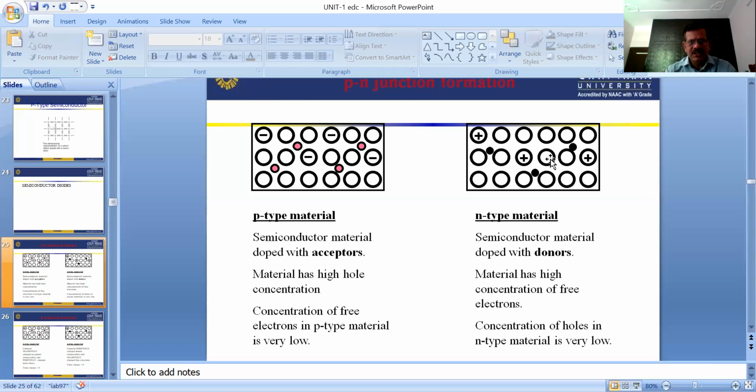This is the basic difference between p-type and n-type materials.